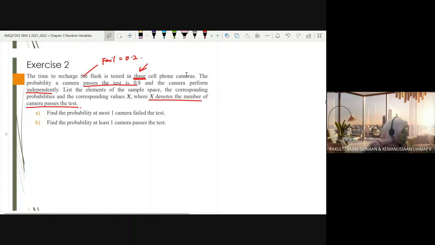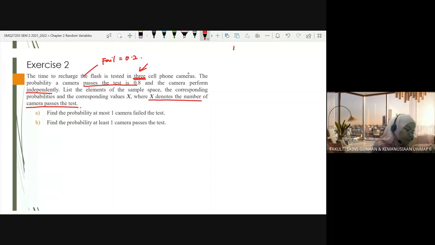List out all the sample space from this particular experiment. No need to prepare the probability distribution yet.